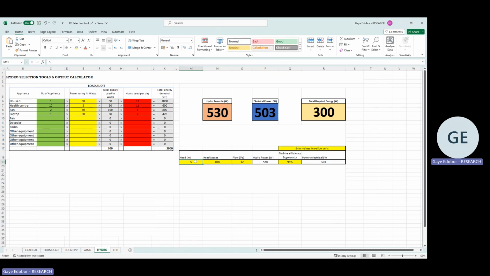So in our sample, we're saying if I have a run of water that has a flow rate of 12 liters per second, right? So what we're saying, for it to be more clear, is that in 1 second you can get 12 liters of water, right?